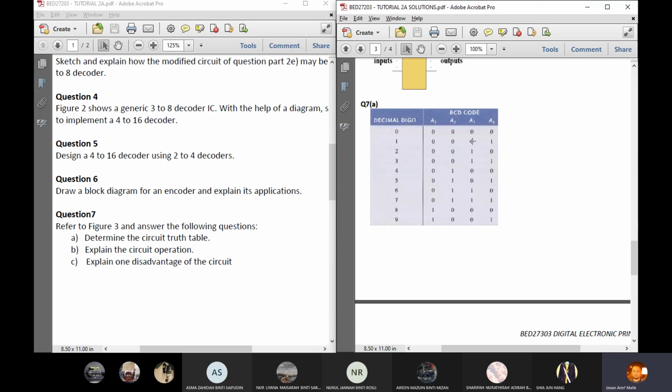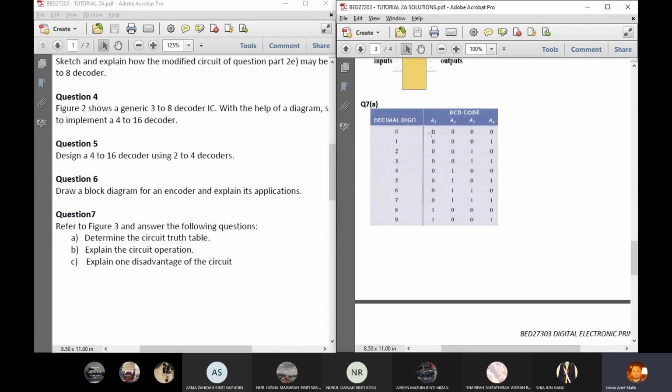Okay, I already told you BCD is different from binary in terms of how they are represented. The representation is different, even though they are using the same base, which is base 2. Okay, it means that you have to know the difference between BCD and binary.